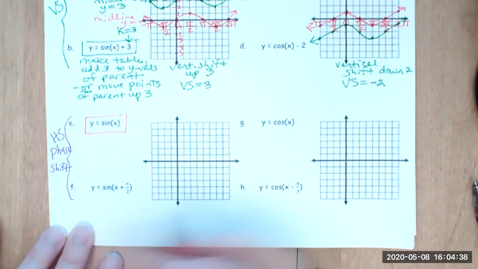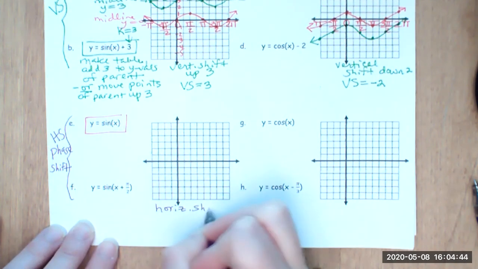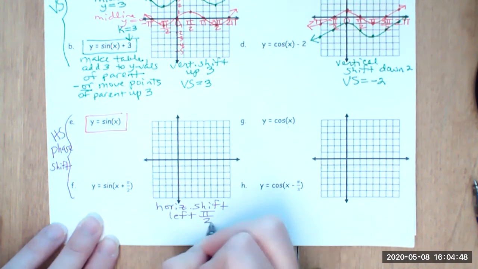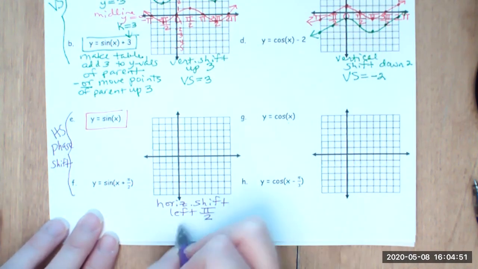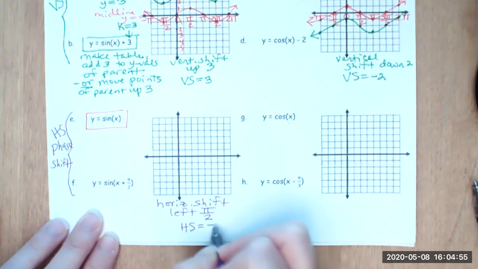So we have a horizontal shift left pi over 2.